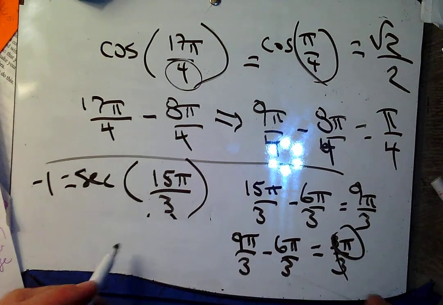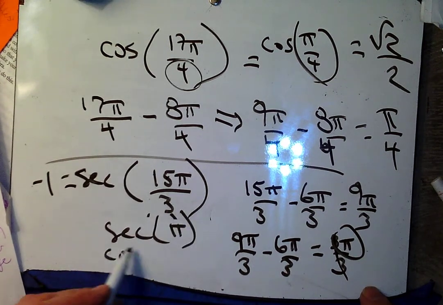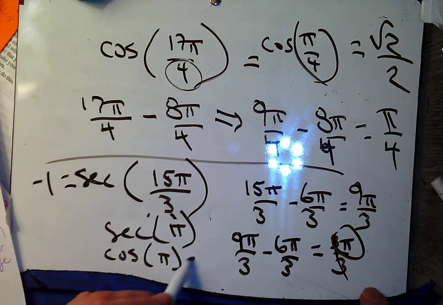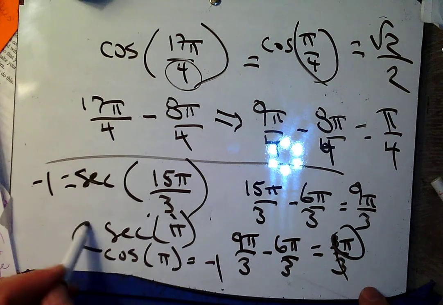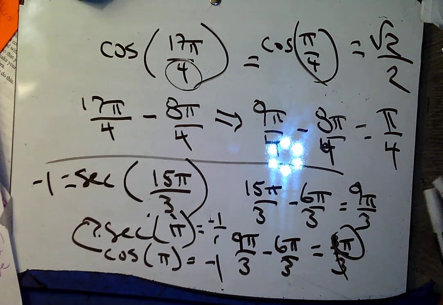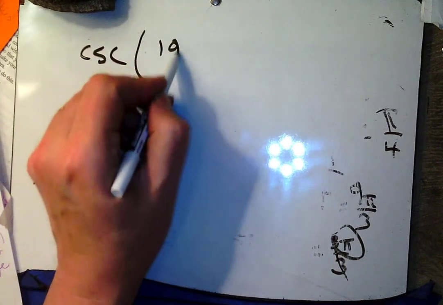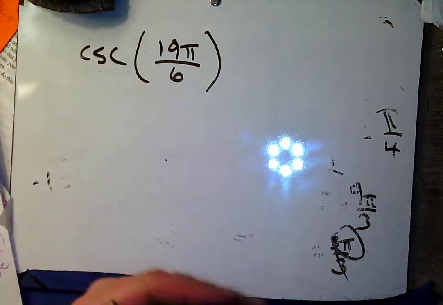And then I could say, hey, what's the secant of pi? I don't know, but I know the cosine of pi is negative 1, and this thing is the reciprocal. Okay? How about this one? How about cosecant of 19 pi over 6?